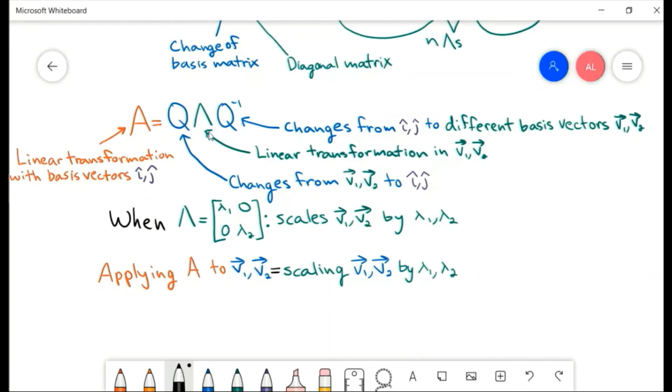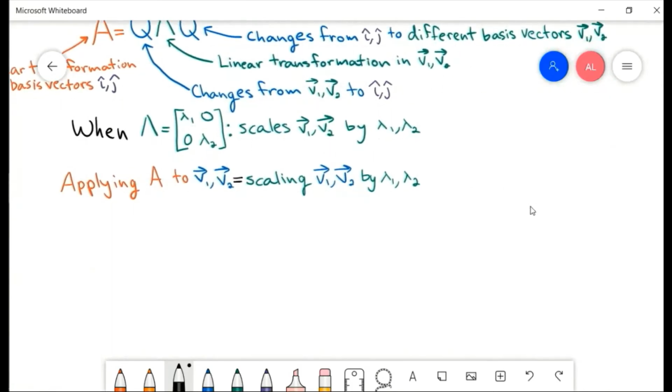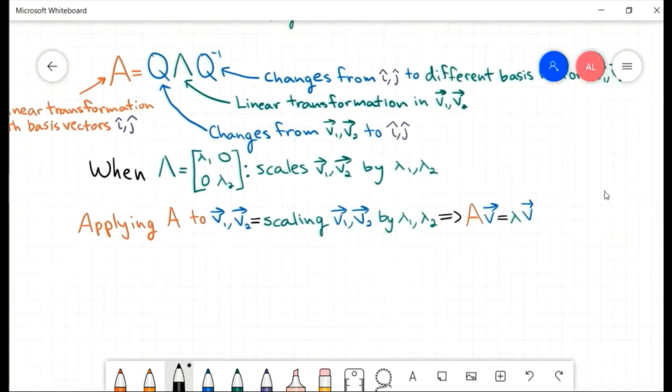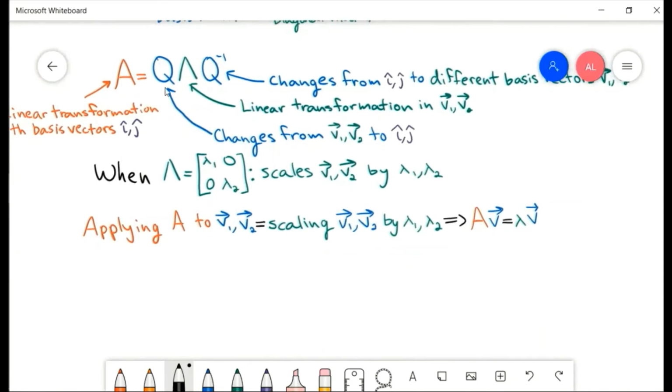This is if this middle matrix right here is diagonal. And so if this matrix is diagonal, we have that A times any of these new basis vectors is equal to the diagonal entry times its corresponding new basis vector. And so this is the connection between this being diagonal and this.